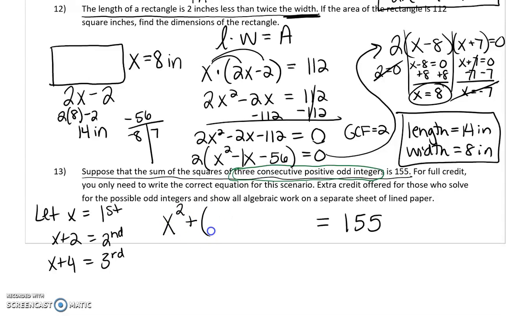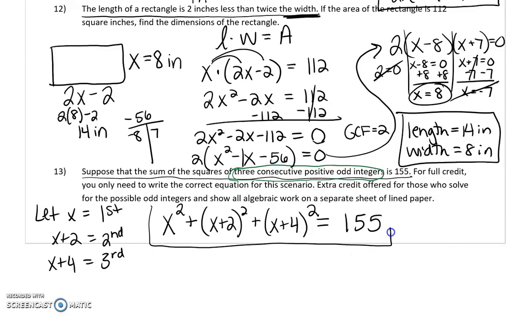Sum means add. We're going to add that to our second integer squared and add that also to our third integer squared. This is the equation that would be solved to give us our solution. However, we don't actually have to solve this one, but this is the setup that would receive full credit on this problem.